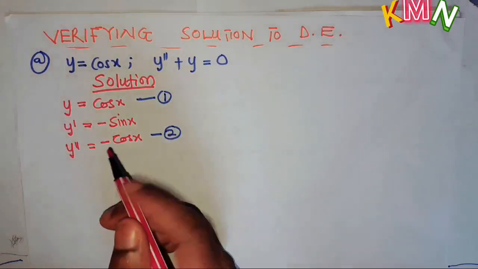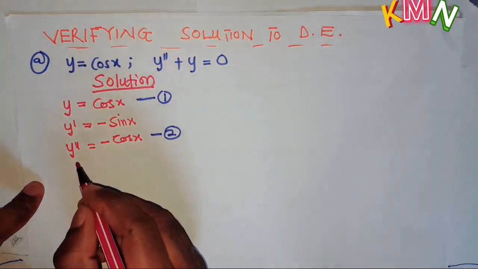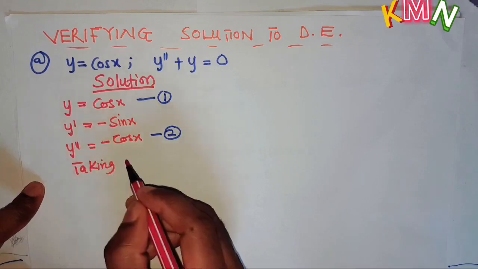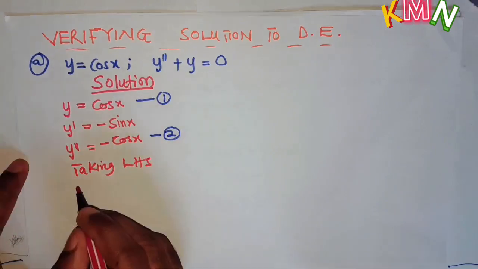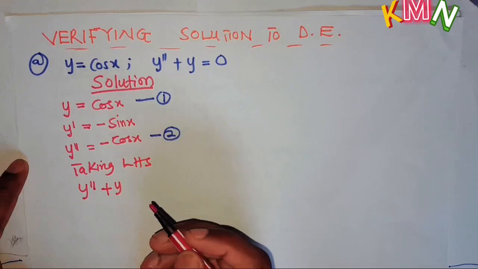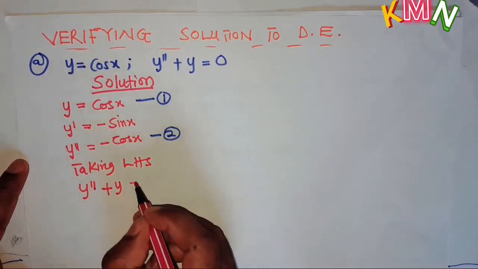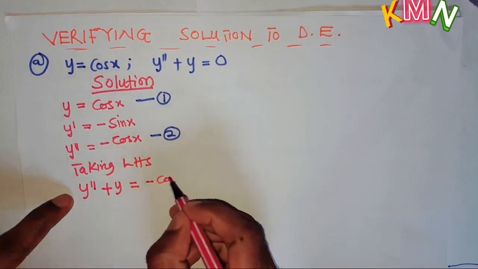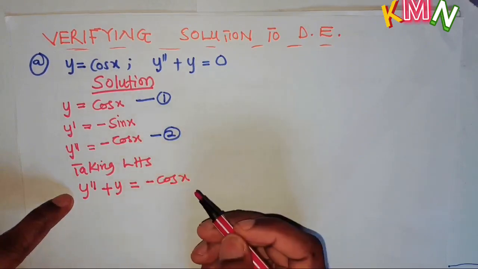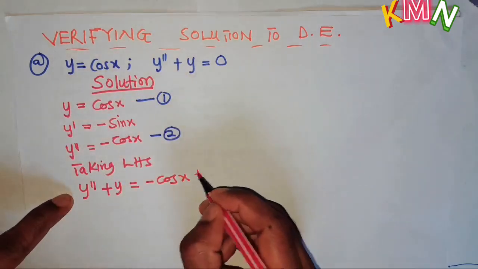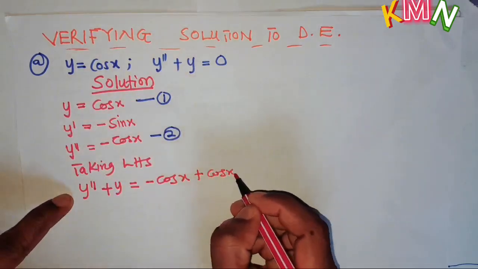At this stage, let's take the left hand side. It's y prime prime plus y. So let's do the substitution. Our y prime prime is negative cosine x, then our y is cosine x.